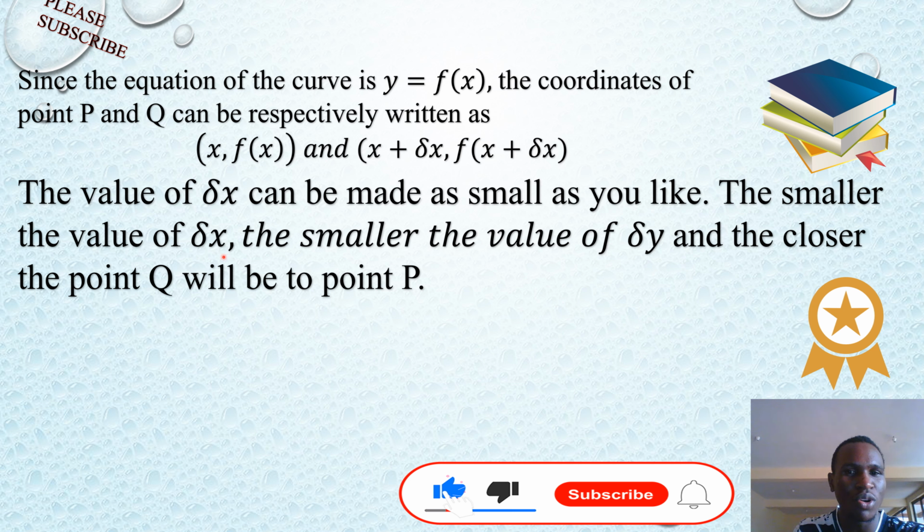If you input a small value inside this function, you should be able to get a small output, because if I input delta x, I should be able to get the corresponding output, which is delta y. So if delta x is small, then the value of delta y will also be small, and this will make point Q closer to the point P. That's the meaning.